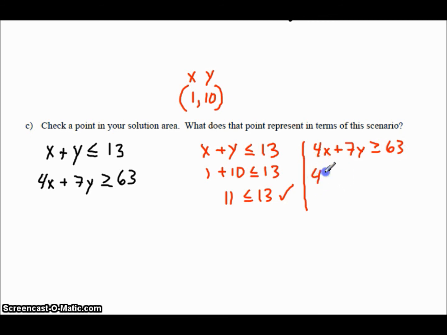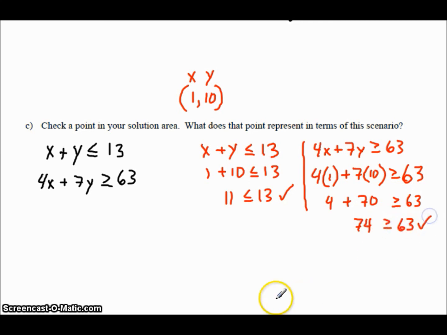So this would be 4 times 1 plus 7 times 10. And I can already see this is going to work. 7 times 10 is 70. But we'll go through the formality of this. This would be 4 plus 70 is greater than or equal to 63. So 74 is greater than or equal to 63. And that is, of course, true as well. So (1, 10) checks.